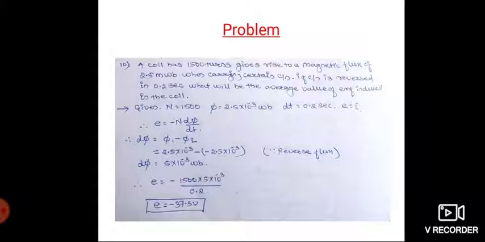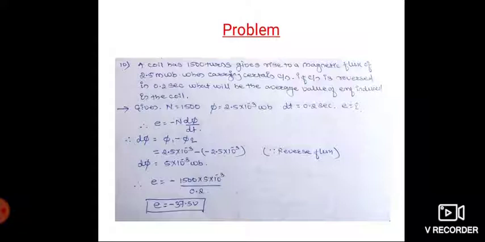So as we know that E equal to minus N d phi by dt. Therefore d phi is equal to change in the flux, that is phi 1 minus phi 2. Phi 1 value is 2.5 into 10 raised to minus 3, whereas phi 2 is the flux after the current is reversed, that is minus of minus 2.5 into 10 raised to minus 3.